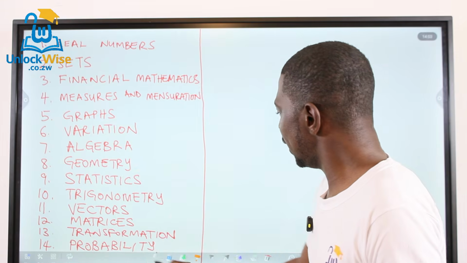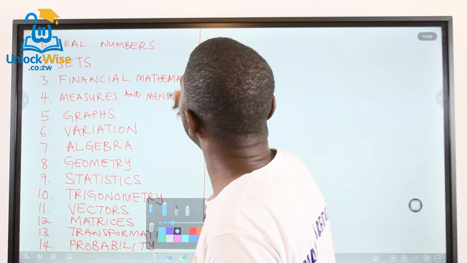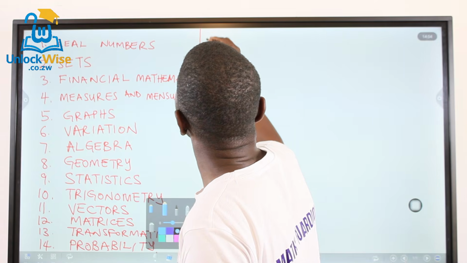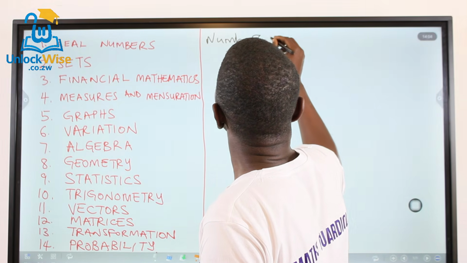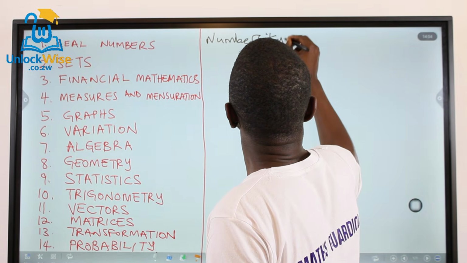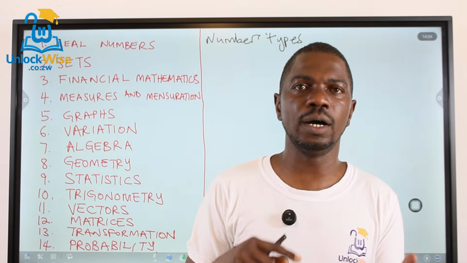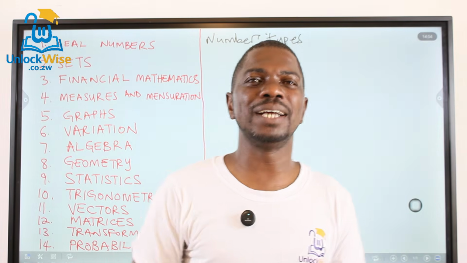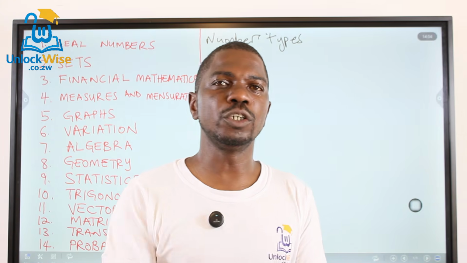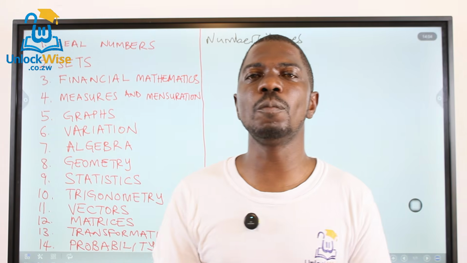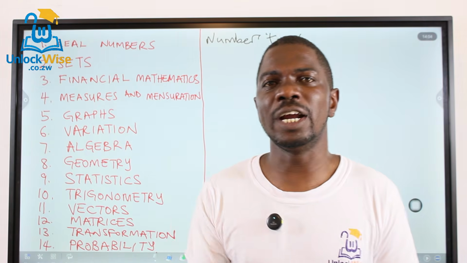For example, let's say under real numbers, we have number types. Here, that's where you get to learn about odd numbers, even numbers, prime numbers, factors, multiples, highest common factor, lowest common multiple, and even rational and irrational numbers, right?